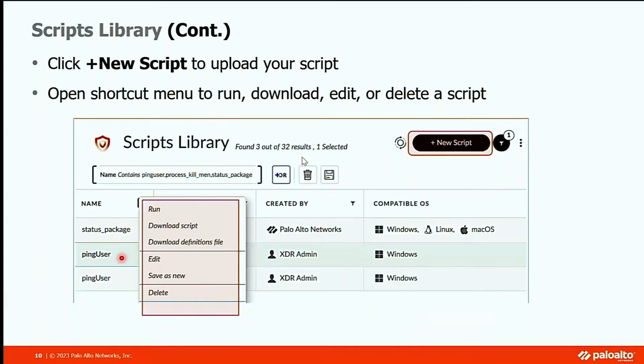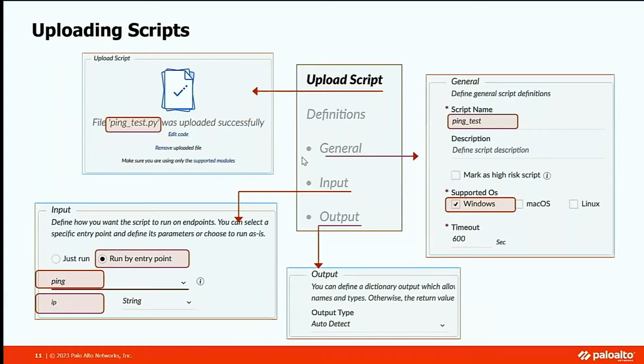If you want to download any of the scripts, including Palo Alto Networks ones, you can save it as a Python script locally. This is a custom script, not by Palo Alto Networks, so this one I can edit. Clone, save as new. We don't call it clone. And delete. So normal kind of management right-click options.